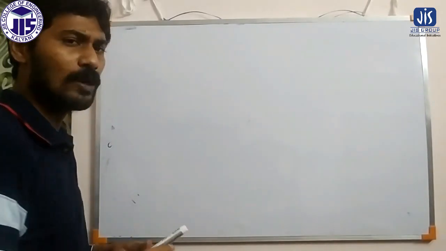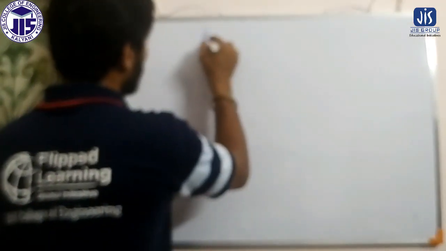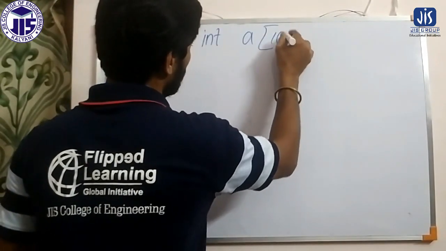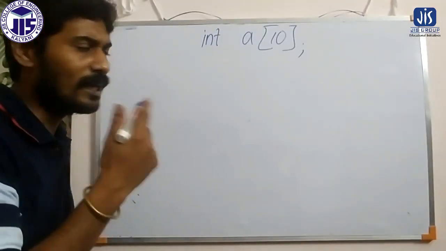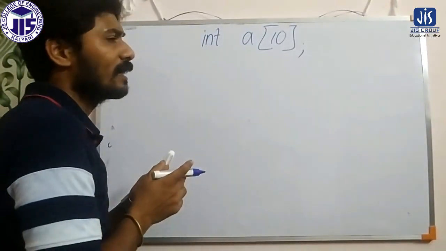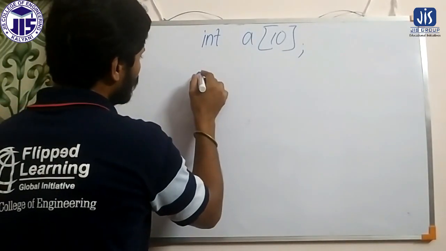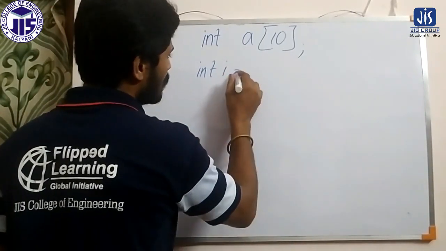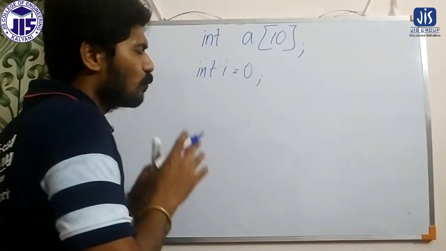For that, first we have to declare an array. Always before you use an array, we have to declare it. So I declare an array as integer A[10]. If I consider 10 elements, you can take a variable for that also. Right now I am taking I equals 0. We can use a for loop, while loop, or do while loop, whatever loop you want.